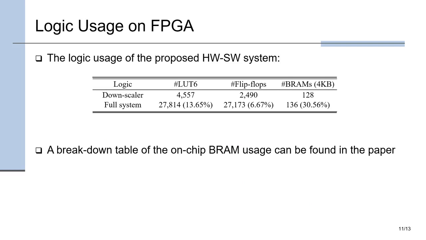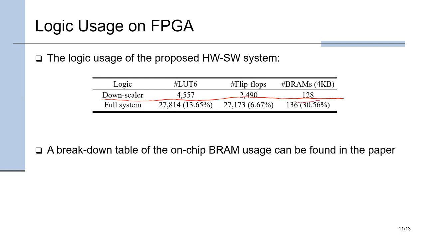Okay, in this slide, we show you the usage of logic resources on a Kintex-7 FPGA of the proposed system. The downscaler accelerator itself is quite small. Right? It didn't use much resource except for the block RAM.